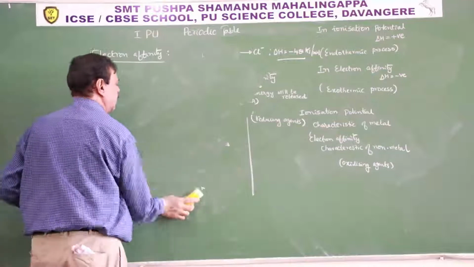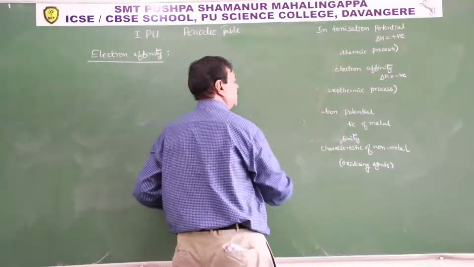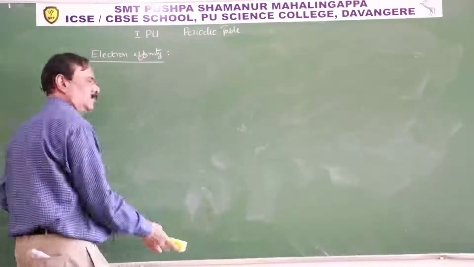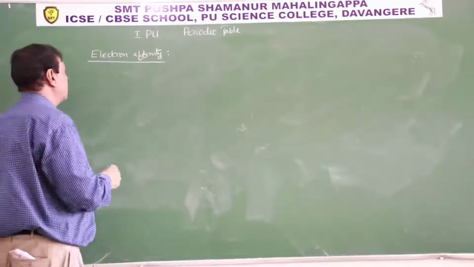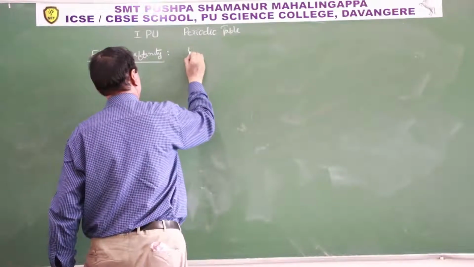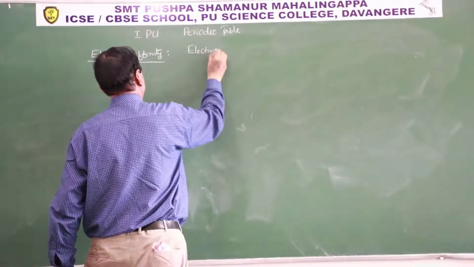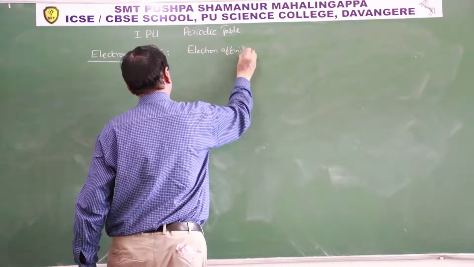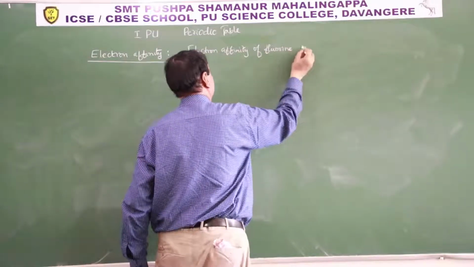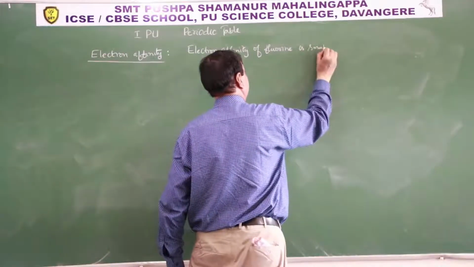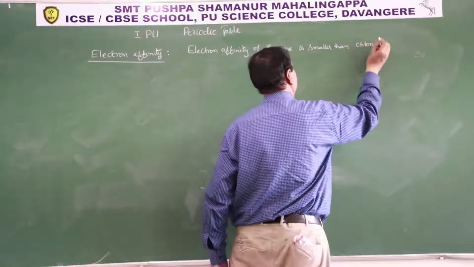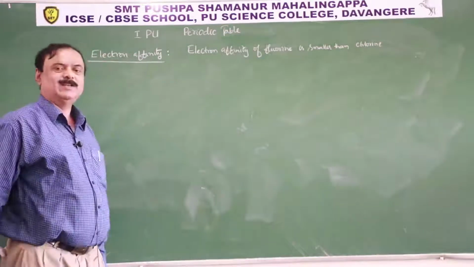Why is this so? Electron affinity of fluorine is smaller than chlorine.